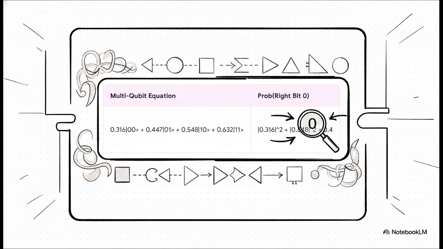We can rigorously calculate partial measurements, like finding the exact probability of reading just the rightmost bit as a 0, simply by summing the squared amplitudes of the relevant states. So here we square 0.316 and add it to the square of 0.548. That yields exactly 0.4, or a 40% probability. The math remains perfectly, wonderfully consistent as it scales.